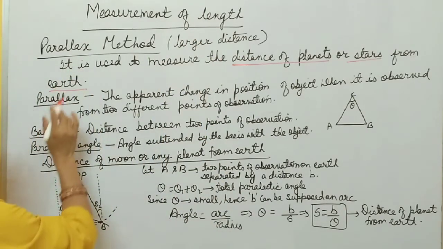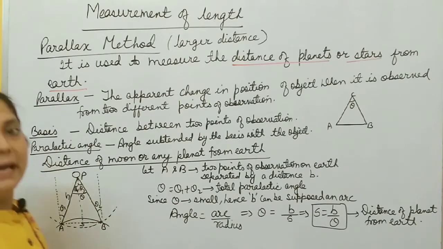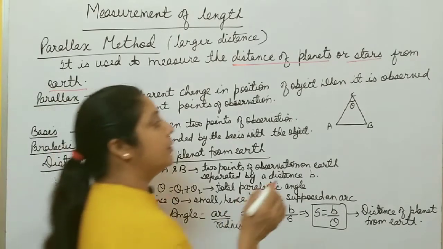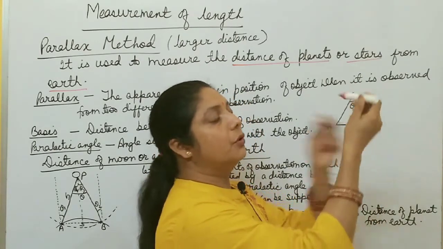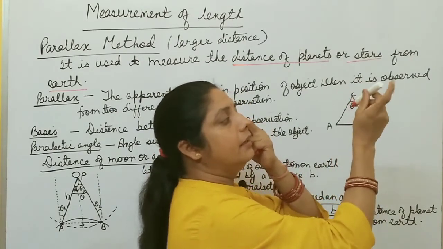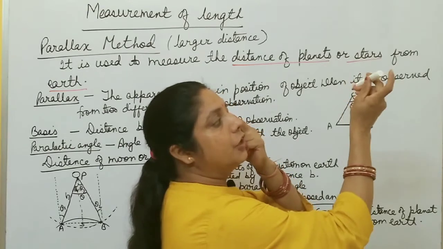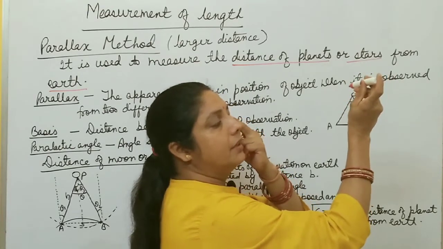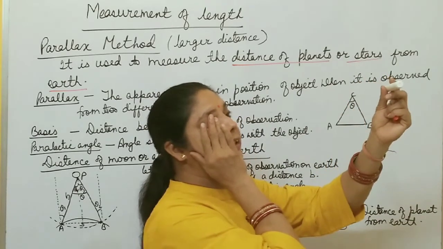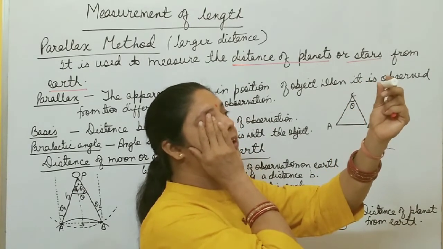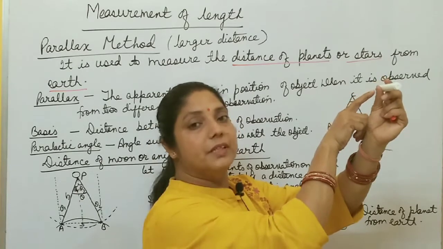So in this method you must know what you mean by parallax. Suppose this is a marker, right? If you close your left eye and with the help of your right eye you observe this point of the marker, first time. Then after that, if you close your right eye and observe with the help of your left eye, you observe this tip of the marker.